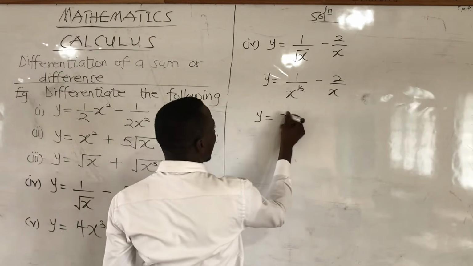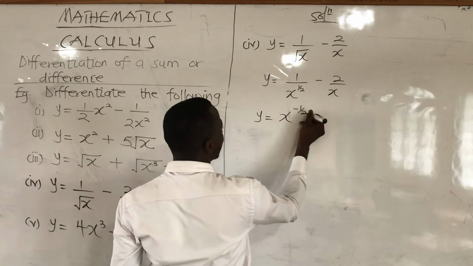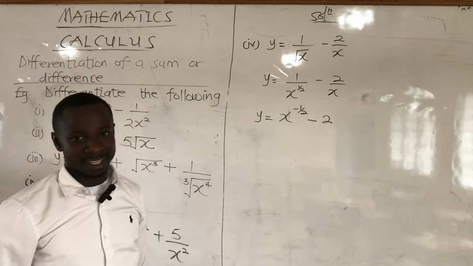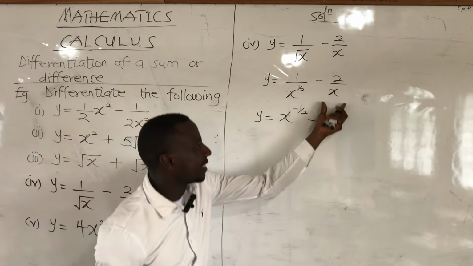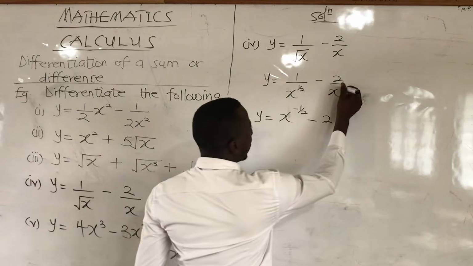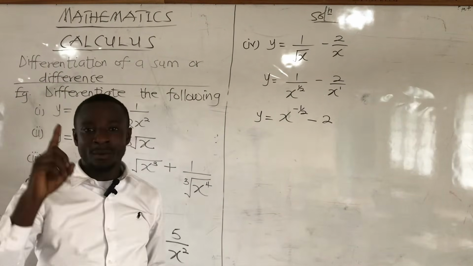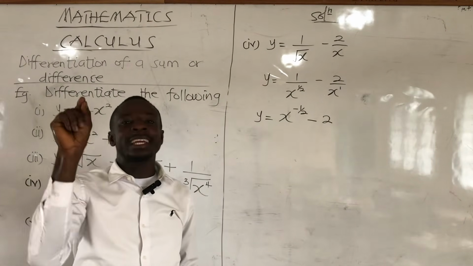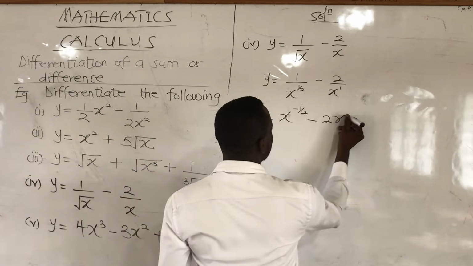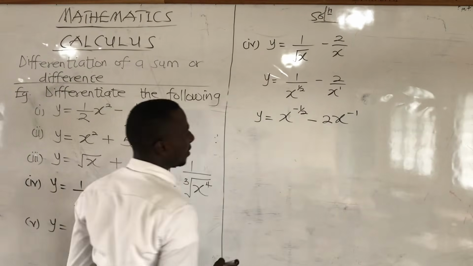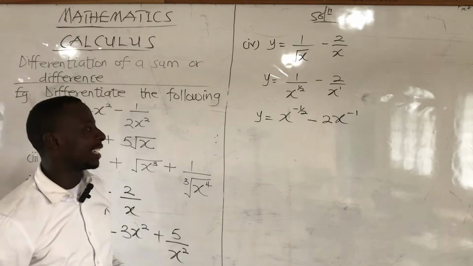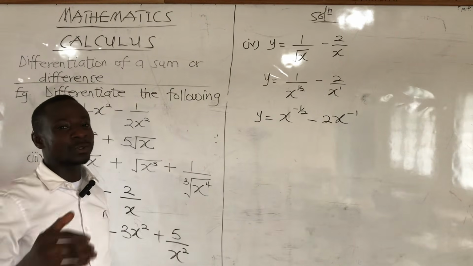So here we have x power negative half, minus 2, which is already there. Then we push x up there, but we know that x is power 1, so when it goes up, it becomes x power negative 1.